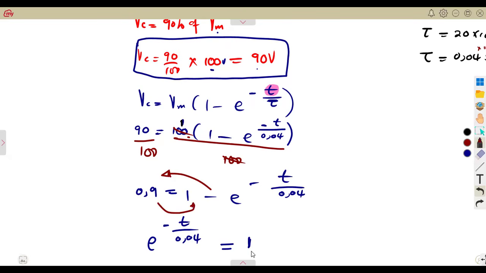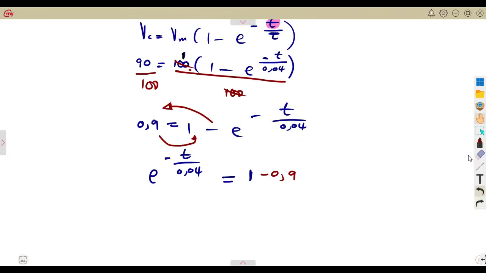Remember your equations, guys. So it will be minus 0.9 because it was positive there. So at this condition, we have e to the exponent of minus t over 0.04, which is equal to 1 minus 0.9, which is 0.1. Actually, you can even skip this stage, guys. Just write 0.1 there.